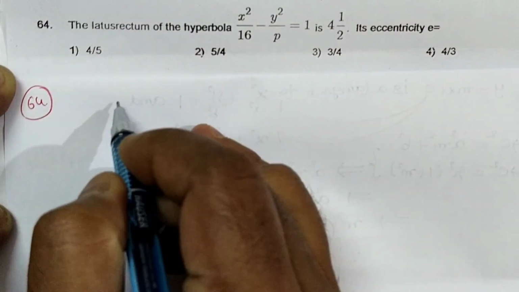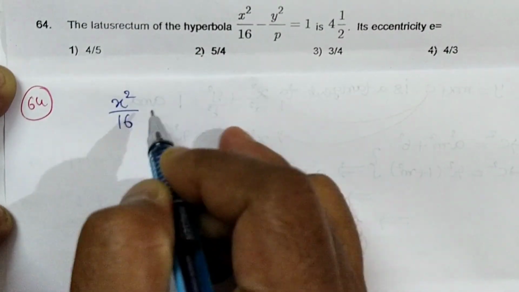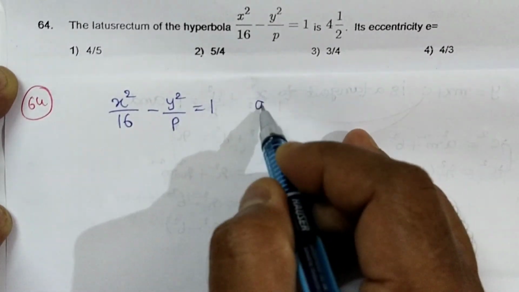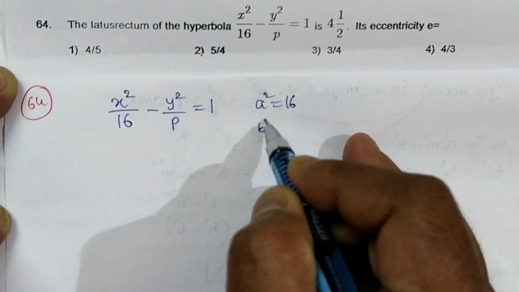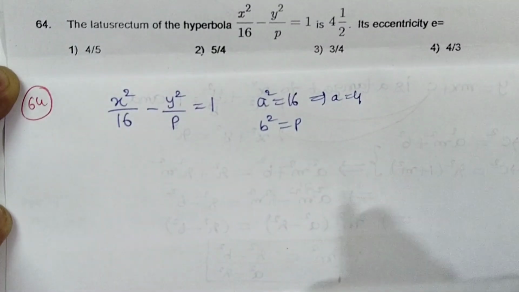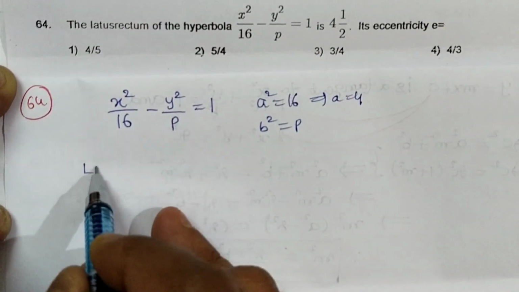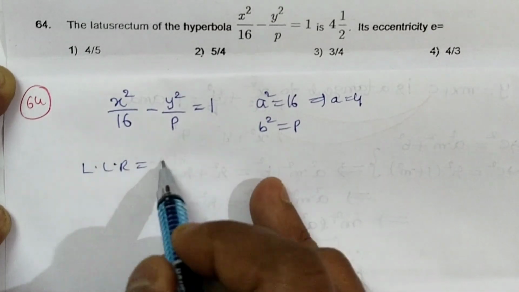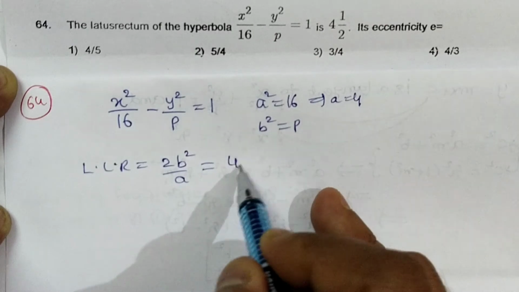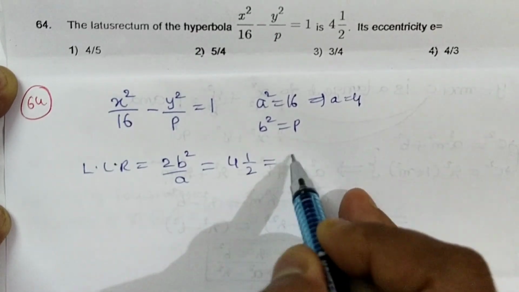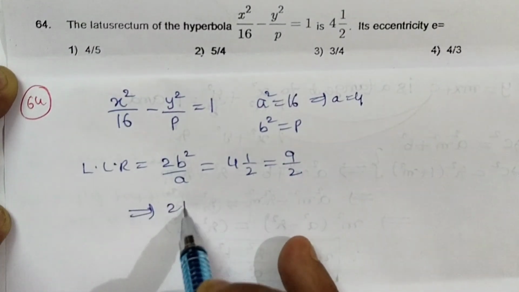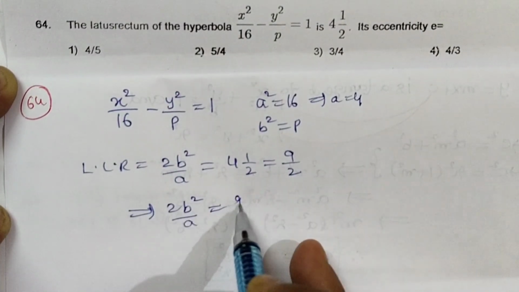Given equation of hyperbola x square by 16 minus y square by p equal to 1. So here a square equal to 16, b square is equal to p. So a is equal to 4. Length of latus rectum LLR equal to 2b square by a. Generally we can write like this. This is equal to 4 into 1 by 2, it is given. So that can be written as 9 by 2. So that implies that 2b square by a equal to 9 by 2.